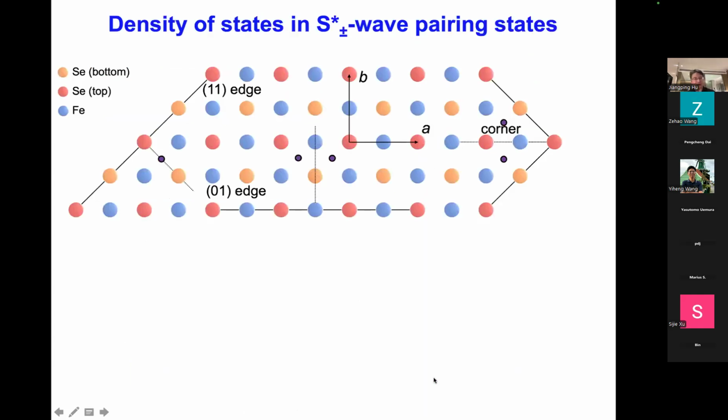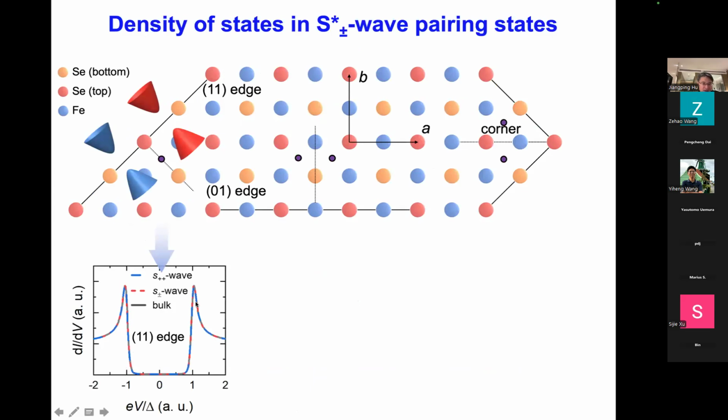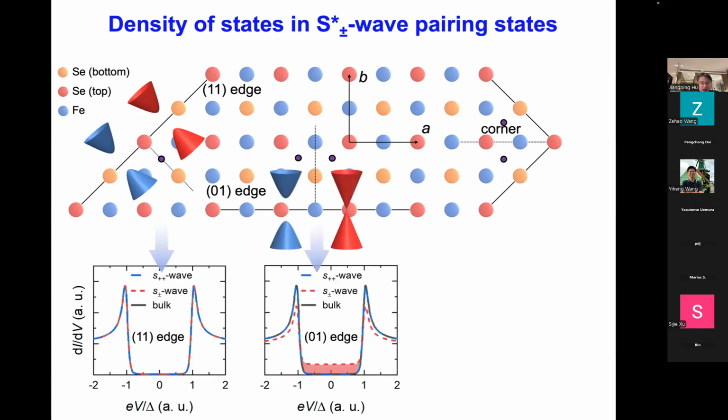So if you look at the specific predictions, you can just take this two-dimensional iron selenium lattice, and this is a 1,1 edge, and this is a 1,0 edge, and this is the corner. Our specific prediction is that at a 1,1 edge, the S plus minus star wave and the S wave are the same. You will just see the S wave spectrum on that edge. But if you go to the 0,1 edge, S plus will have just the conventional S wave.